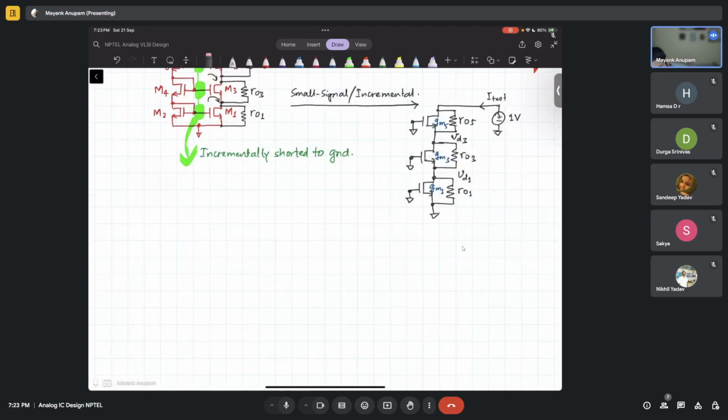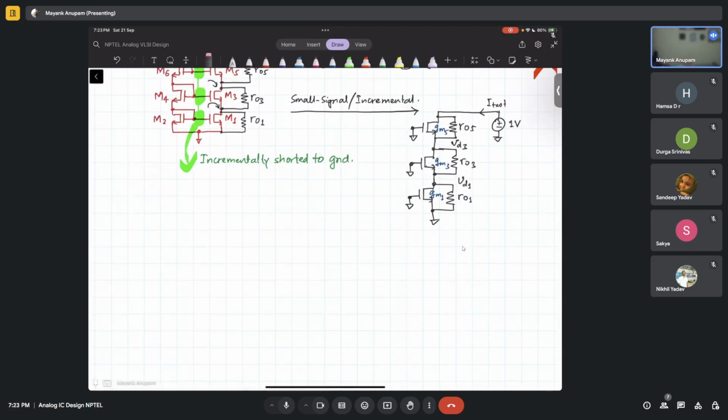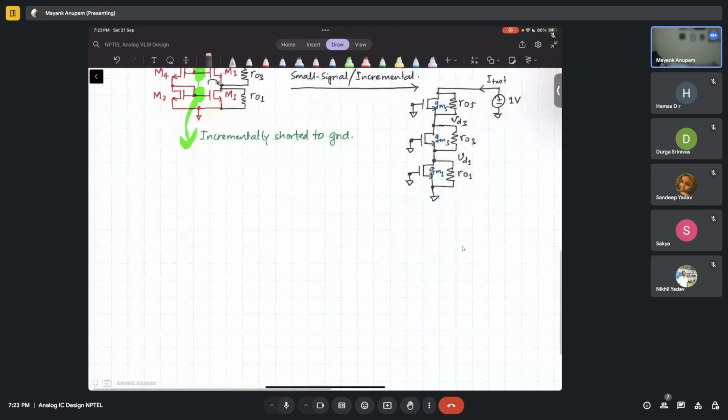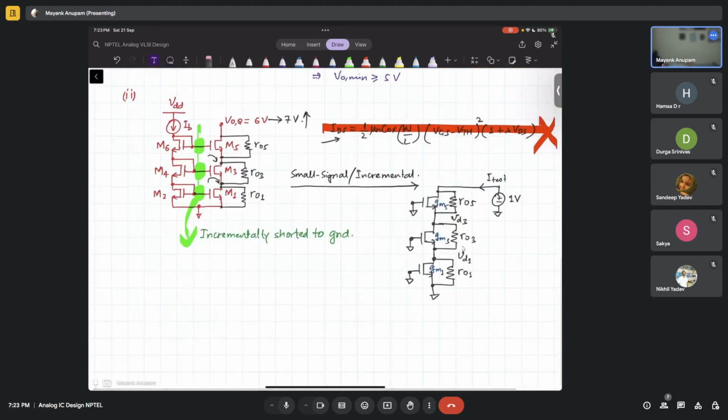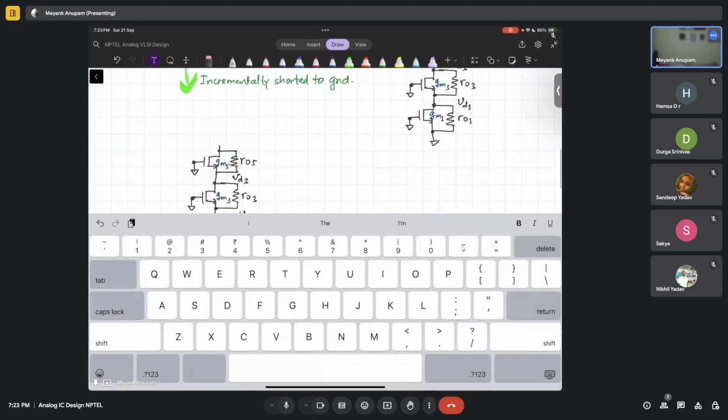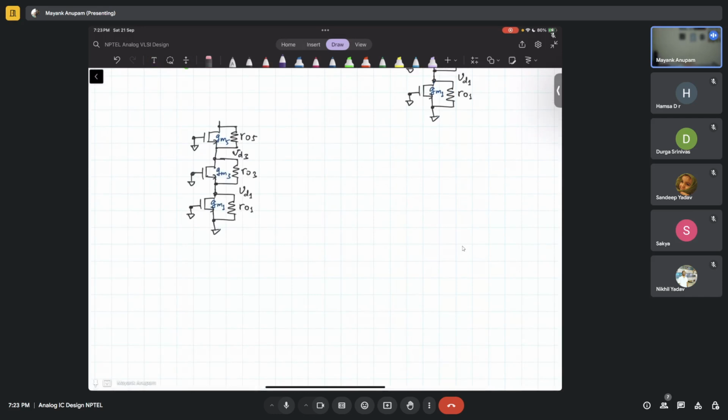But other than this, I also want to tell you that if you try to find out the output resistance in this particular circuit, how will you find it out?